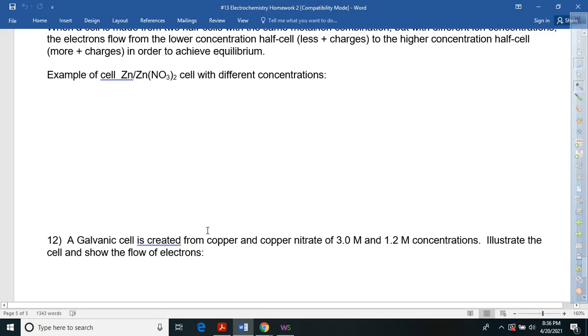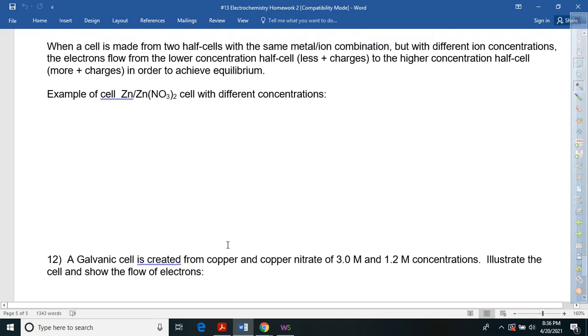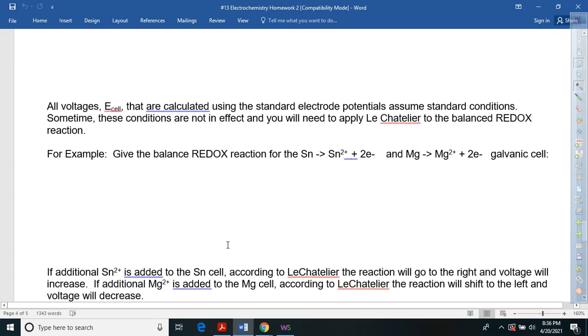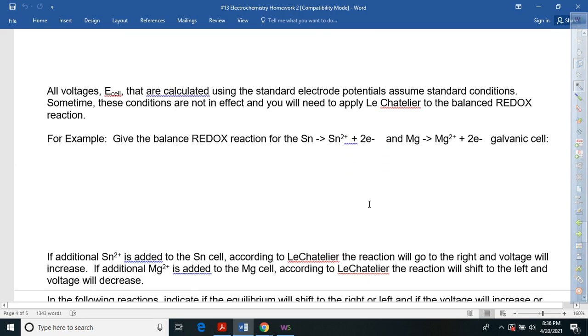And in that case, we're going to use Le Chatelier to determine if it will be a spontaneous or non-spontaneous process. Okay, so we're going to do an example here.